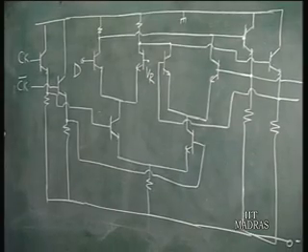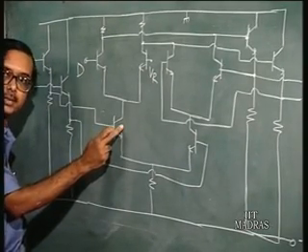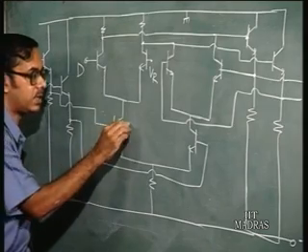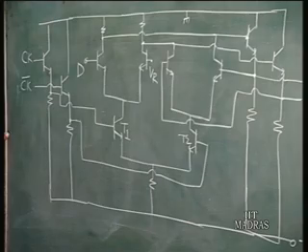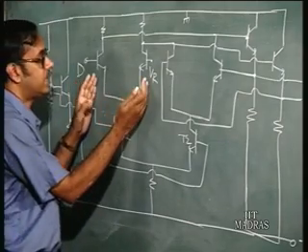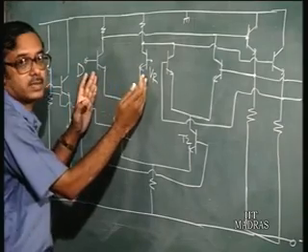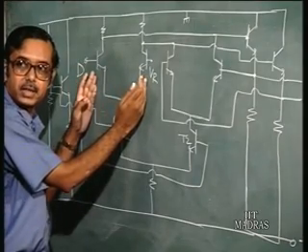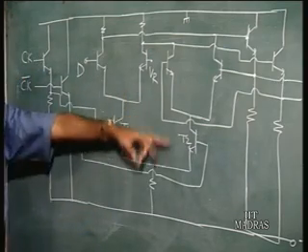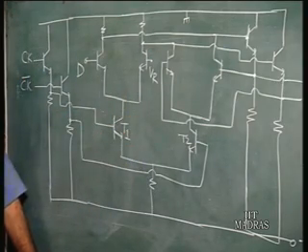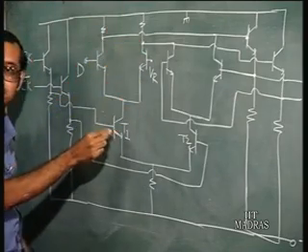Whichever one is high, so if the clock is high, that means this left hand branch is going to conduct, this left hand transistor, call this T1, is going to conduct and T2 is going to be off, okay. So, basically what it means is that this left hand part of the circuit is going to be operational, while the right hand circuit as such is not operational, okay, because there is no current flowing there, okay. So, if you look at this now, this is just like an ECL gate, okay.